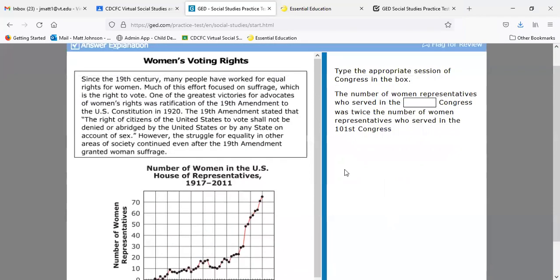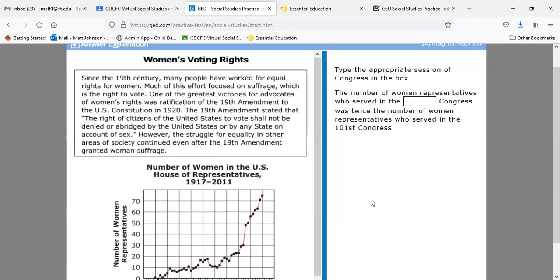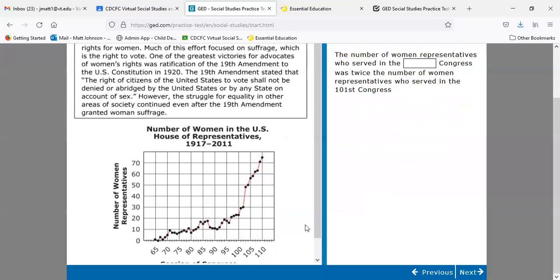So type the appropriate session of Congress in the box. So the number of women representatives who served in the blank Congress was twice the number of women representatives who served in the 101st Congress. So let's see here. So 101st Congress was right about here, and that's about 30.